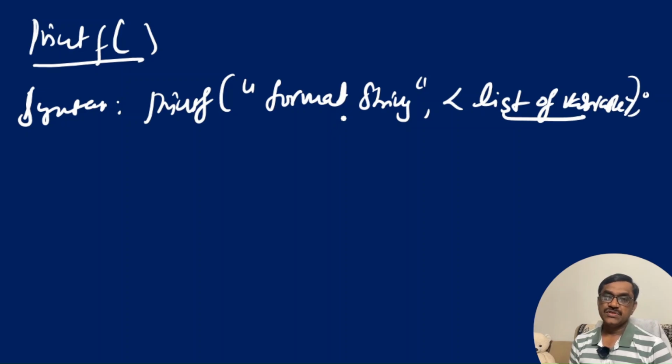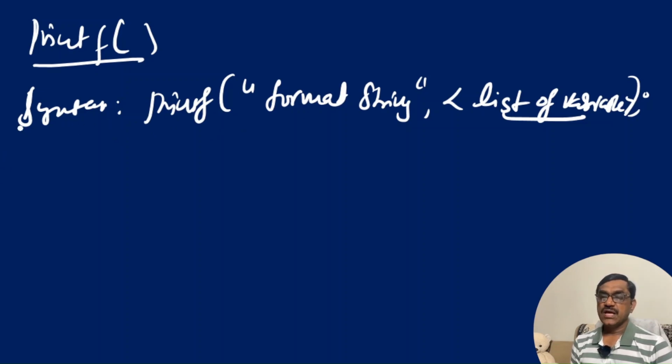In scanf also we mention the list of variables, but the only difference is in scanf we also write the address operator before the variables. But here we are not writing the address operator before the list of variables. If you write the address, no problem, it will not give any error, but instead of printing the values, it prints the addresses of the variables, which you have to take care of.